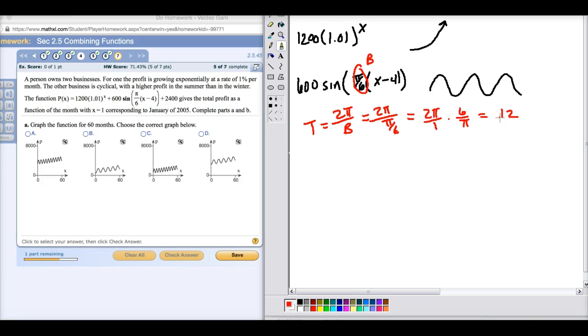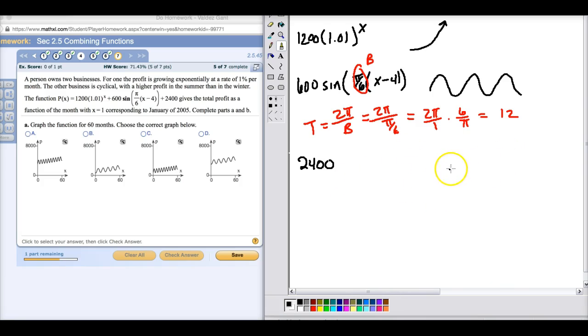Okay, so now we want to do the last part, which is the 2400, and of course that is our vertical shift. So we need a function that is going to be going up in an exponential fashion, also going to be vibrating sort of slow, and be bumped up at least 2400 units.